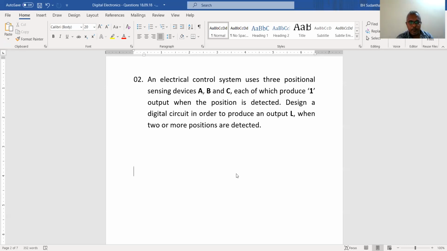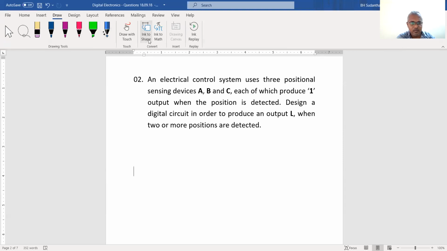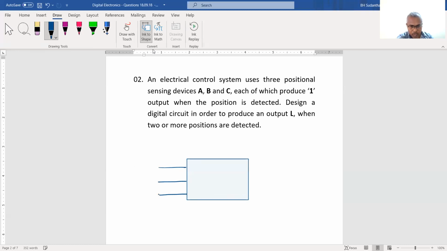What is the meaning of this one? There is a control system, and in this control system you have 3 positional sensors. We don't know what type of sensors we have fixed there, but the purpose of these sensors is that they can detect positions.